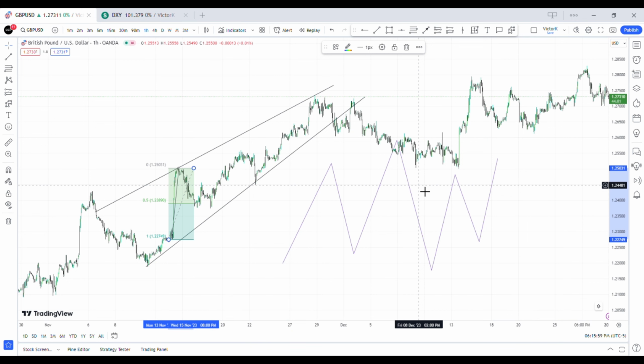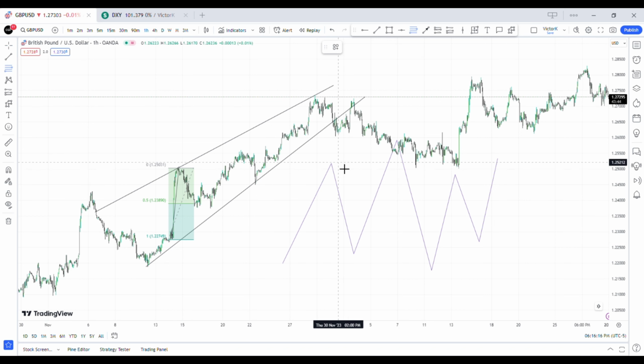So in this type of scenario, what you do is exactly this, but a little bit modified. You pick the previous range in price. For example, price just moved from this point to this point. So you pick that and do your equilibrium and discount.